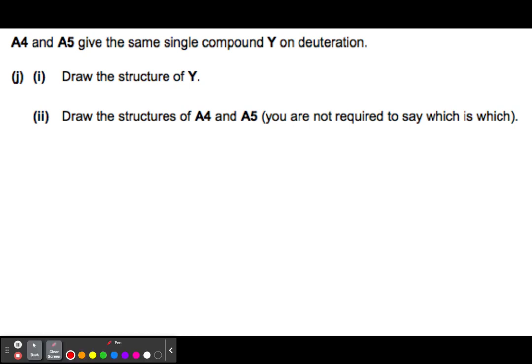Now, A4 and A5. So we've dealt with 3 of the 7 so far, but we have 4, 5, 6, and 7 still to do. So they give the same single compound, and this is a single compound, so we don't need to worry about stereoisomers. An enantiomer is a stereoisomer.